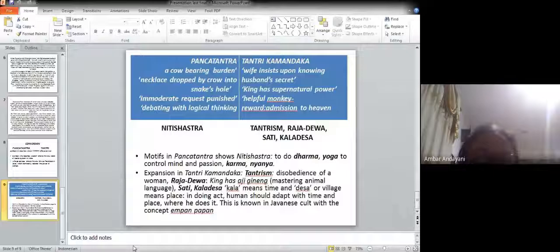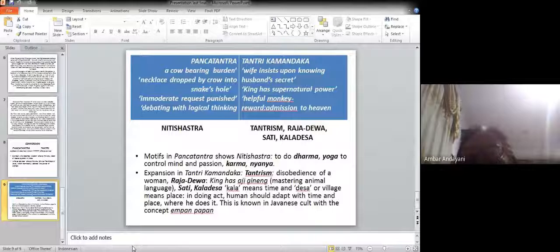Jnana is distinctive and found only in the Panchatantra, because it is not found in Tantrika Mandaka. According to me, in Stith Thompson's motifs, jnana here means debating with logical thinking.